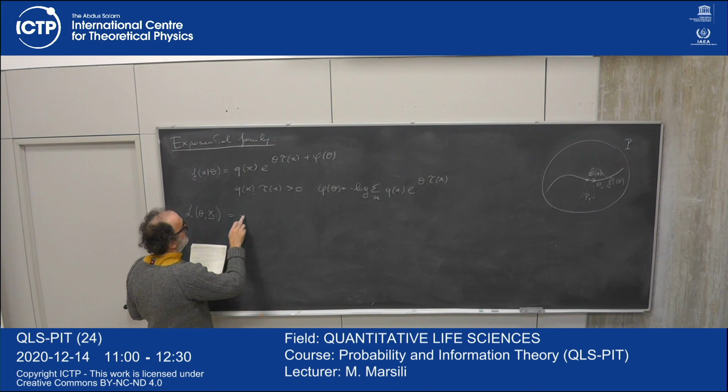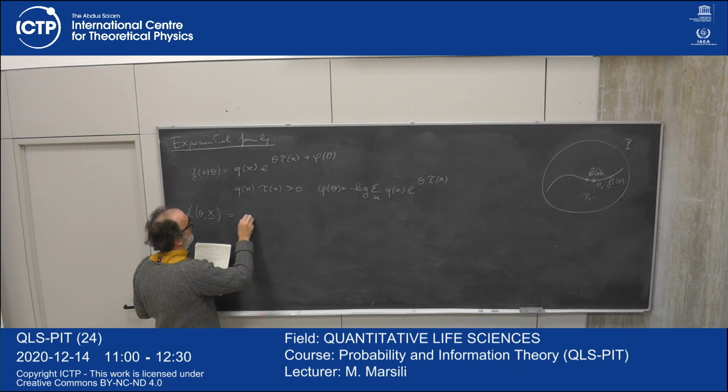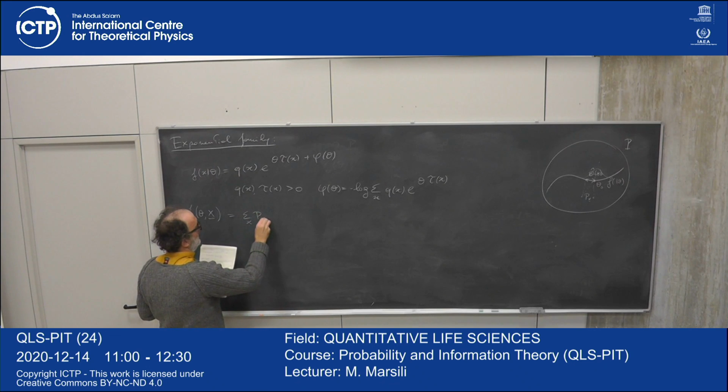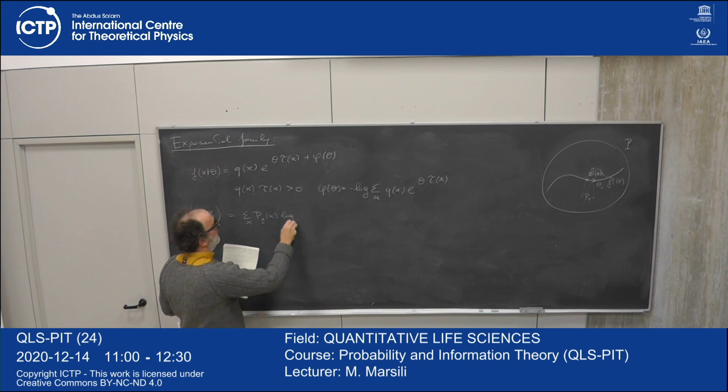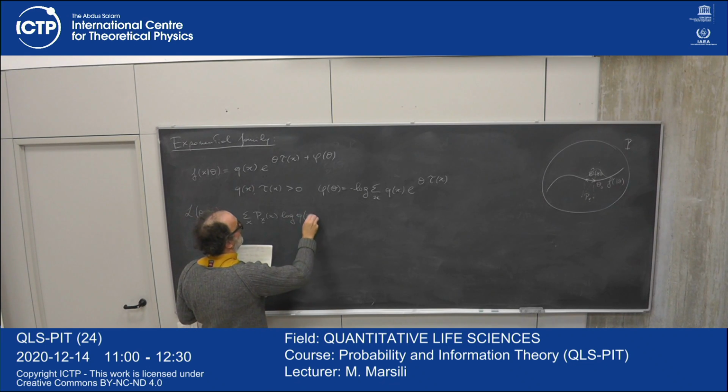One is just the sum over x of the type of the sample times the log of q of x.